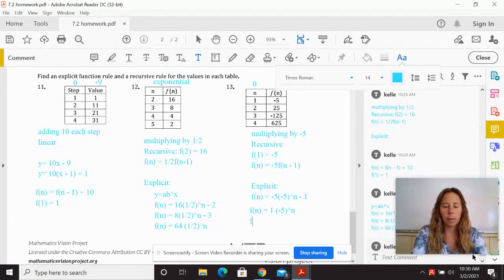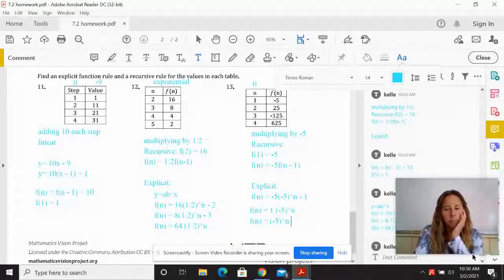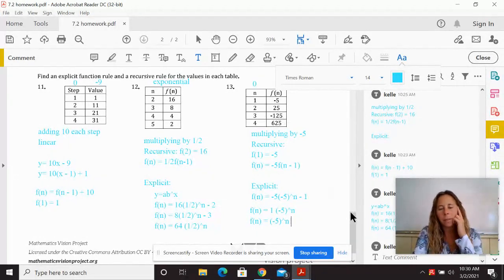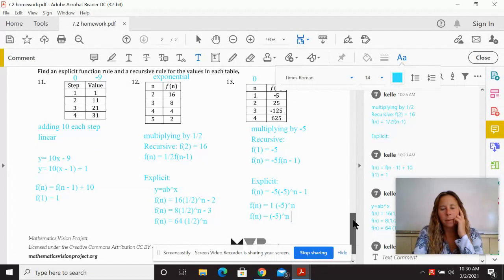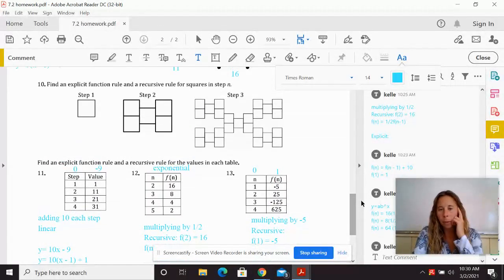So really you don't have to write the 1, so it could just be -5 raised to the n. Okay. There you are. So this one, or really you could use any of these points. You could use 2 and 25, 3 and -125. Okay. So that's how you do those problems.